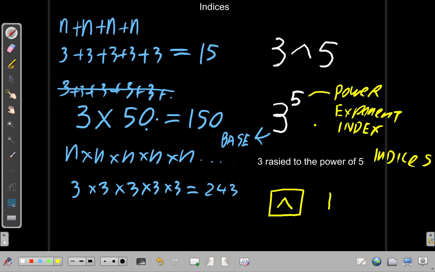In other cases, you have an x and a y there. If you press a number on the calculator, for example 4, then you press the caret or the x to the y, and you press 3, it is saying 4 raised to the power of 3.